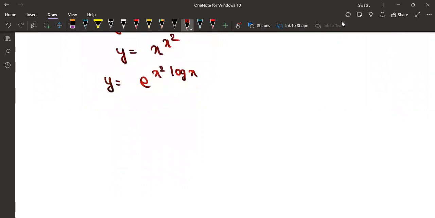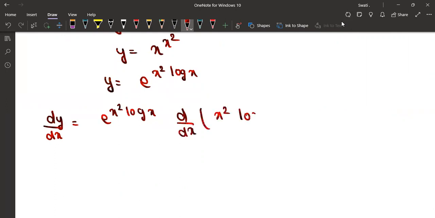So it will become dy by dx, derivative of the exponential function, which is e raised to x square log x as it is. By chain rule, we will take the derivative of x square log x, right? Now this will become e raised to x square log x.